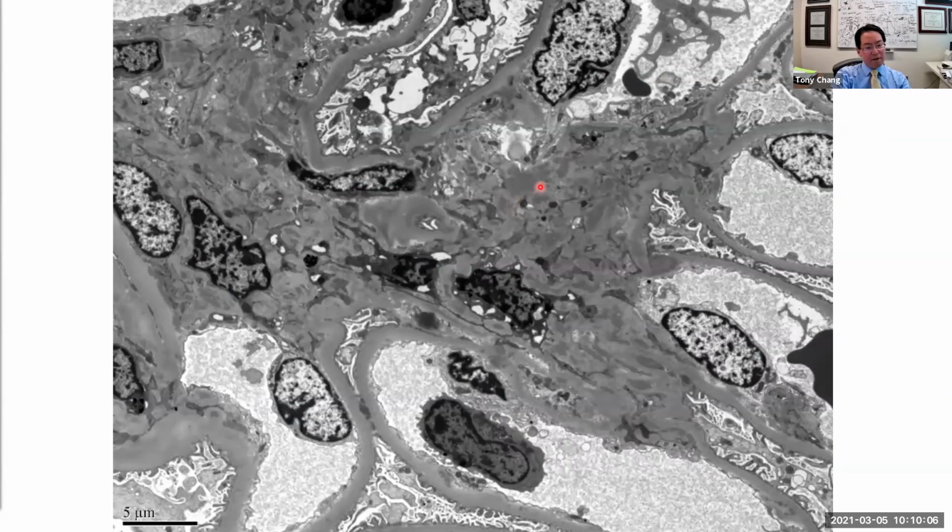And the EM also demonstrates the corresponding electron-dense deposits that are mostly confined to the mesangial areas. And one thing to keep in mind is that that's really a compartment that is sort of shielded from the circulation. So this is not an inflammatory lesion, right? Somewhat similar to membranous nephropathy, where the subepithelial deposits are shielded from the circulation.